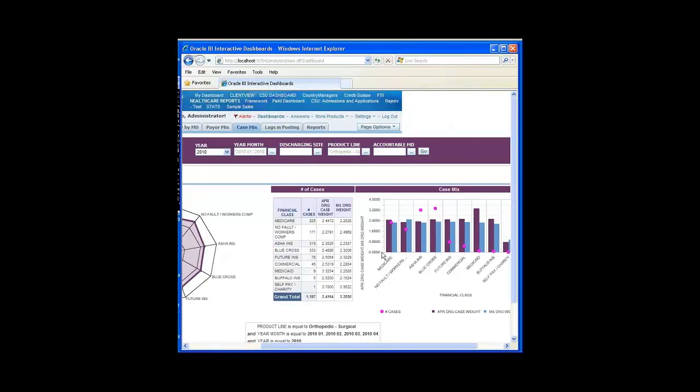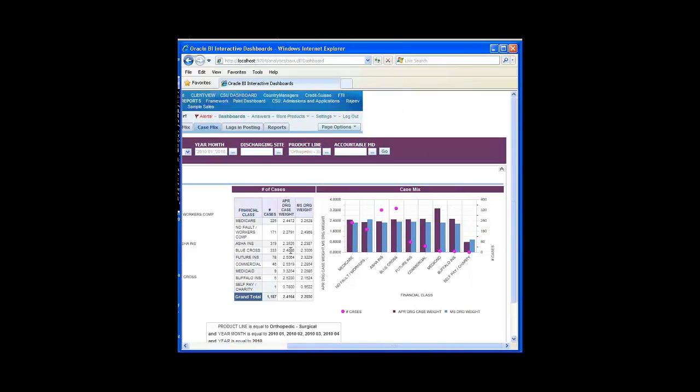And so again, I have by financial class the number of cases, the APR DRG case weight, as well as the MS DRG case weight. So we show them both there. We also have a state DRG case weight if you're inclined to use that as well. So that's essentially, in a tabular fashion, a summary for that time period, again, for that product line.